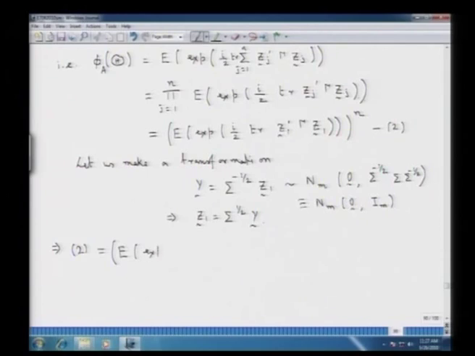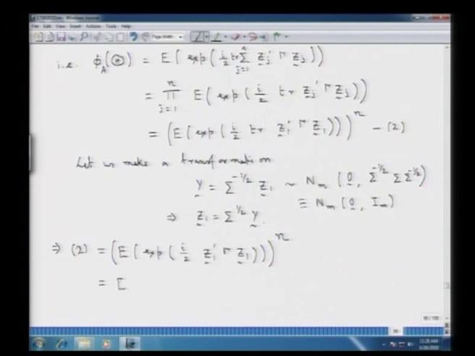expectation of e to the power i/2 trace of z1 transpose gamma z1. I can just remove this trace as well, because this is a scalar quantity, z1 transpose gamma z1. So we can either write that as trace or drop the trace. So what we have is i/2 z1 transpose gamma times z1, raised to the power n.